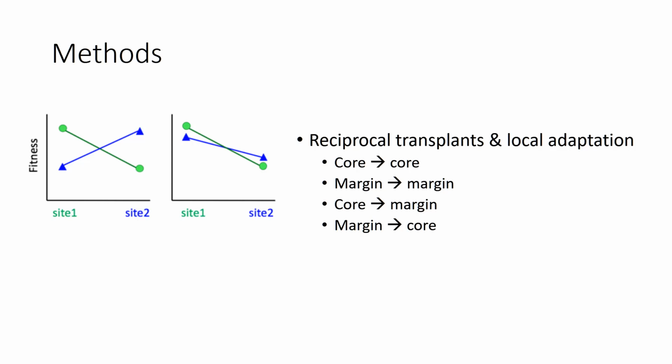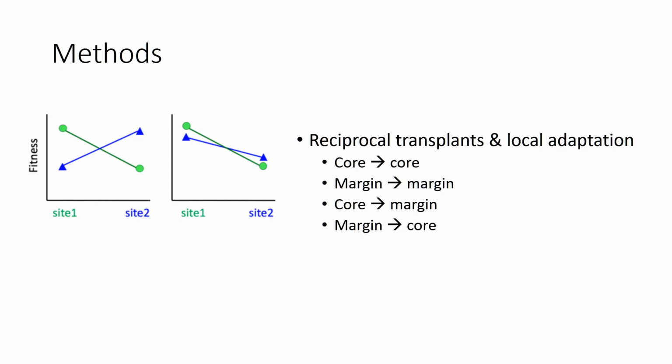You or your genotype or your species or your population does better in a place where it normally occurs than it does if it's in a place where it does not normally occur. And if another species or population or genotype comes into your habitat, you will do better than that non-local species or population or individual genotype.